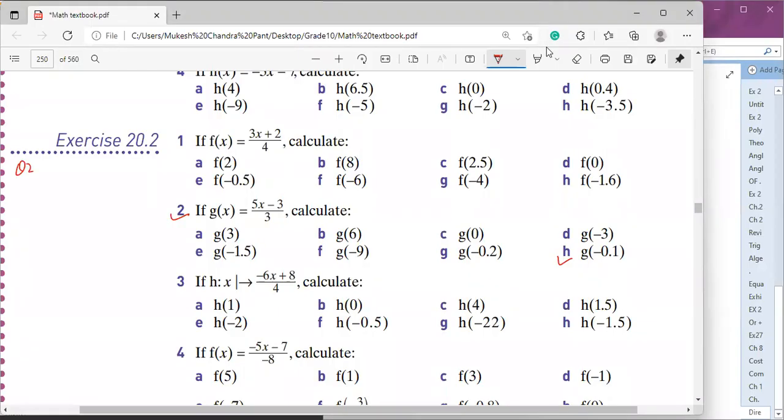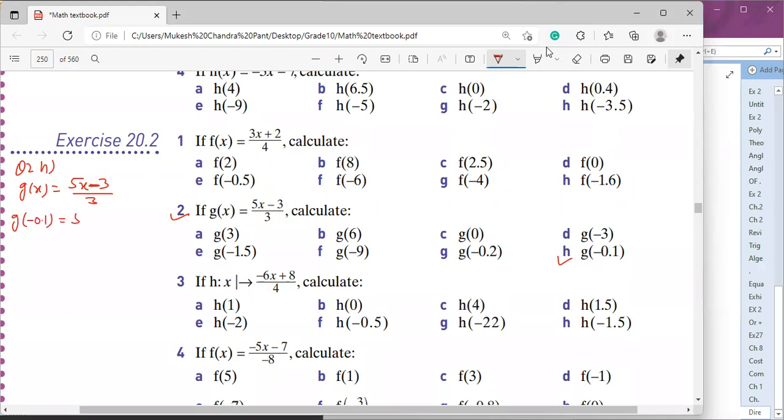Question number 2H. Okay, question number 2H. G is a function. G of x is 5x minus 3 over 3. Okay, 5x minus 3 over 3. So you have to find out the value of G of minus 0.1.